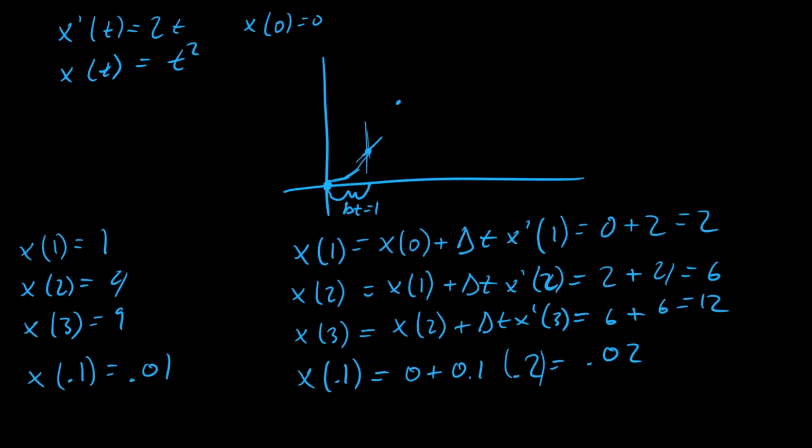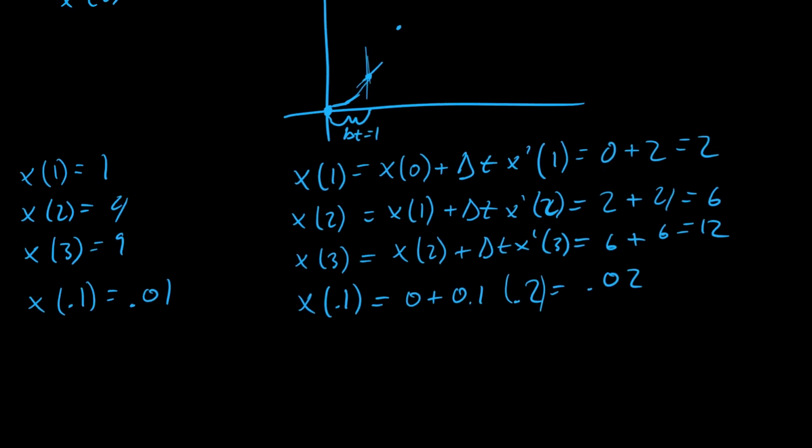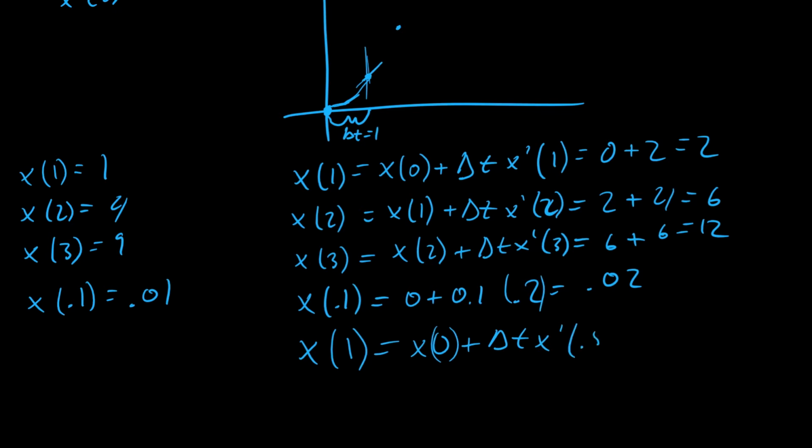So if we were to take another look at that, then we could say, let's do x of 1 again. And let's say we look at in the middle of our step. So we look at x at 0.5.